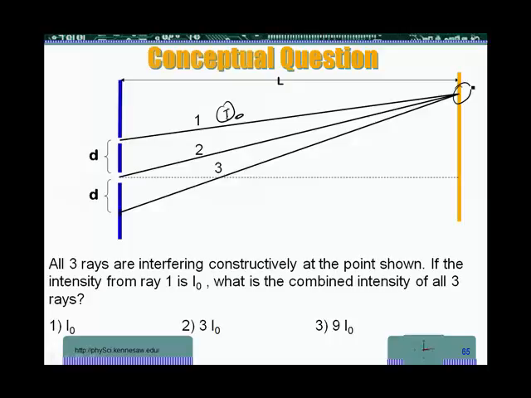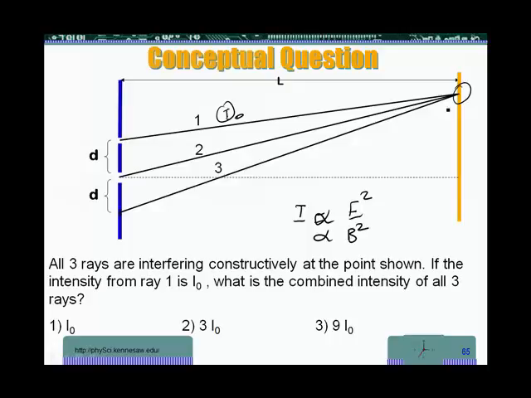It's a tricky question because of what we know about the intensity of light: it is proportional to the electrical field squared, or proportional to the magnetic field squared.